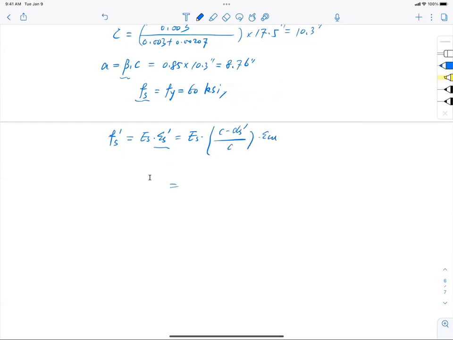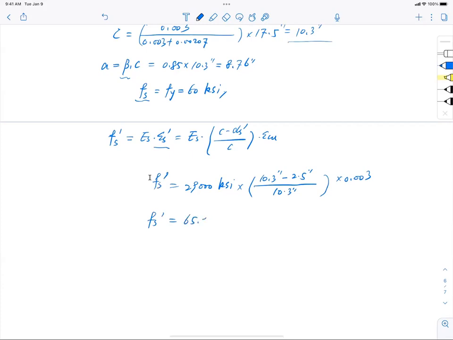Es is 29,000 ksi, Young's modulus for steel, multiplied by c, which we just obtained, 10.3 inch, minus 2.5 inch of ds prime, divided by 10.3 inch again, multiplied by 0.003, and you get Fs prime to be 65.9 ksi.